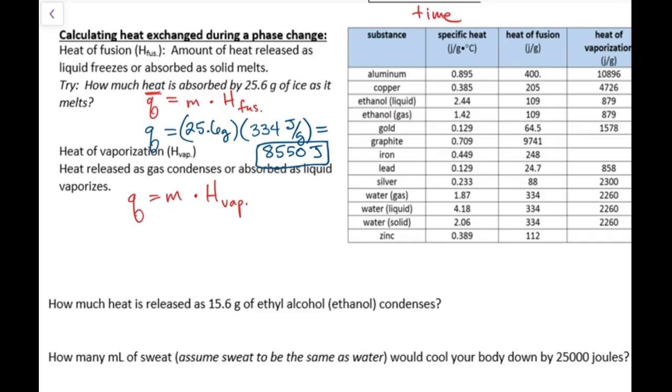So you just have to understand that condenses is referring to HVAP rather than H fusion. So we're going to do Q equals 15.6 grams times, and then I go to the table and I find the HVAP for ethanol, which is 879 joules per gram.